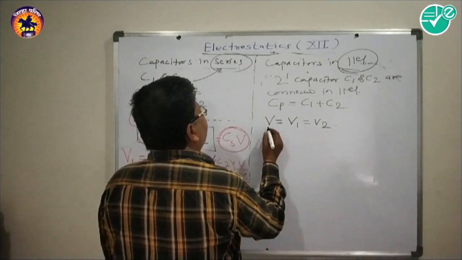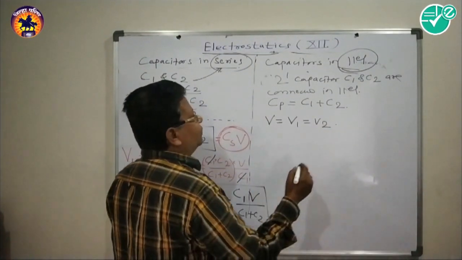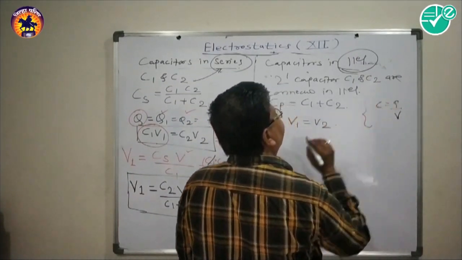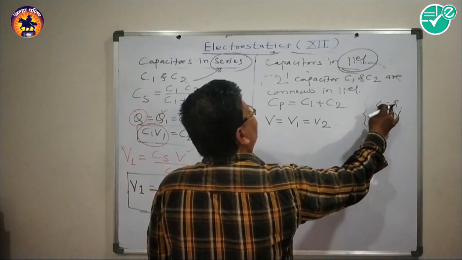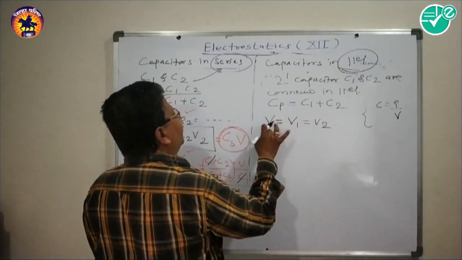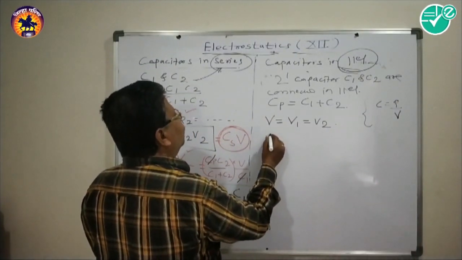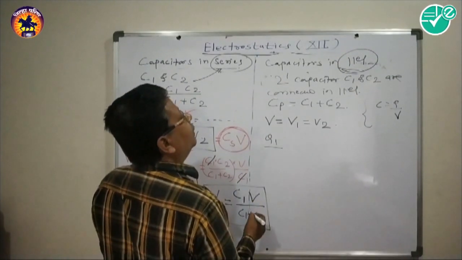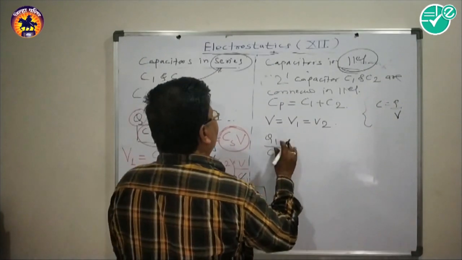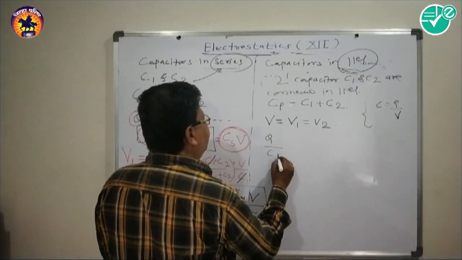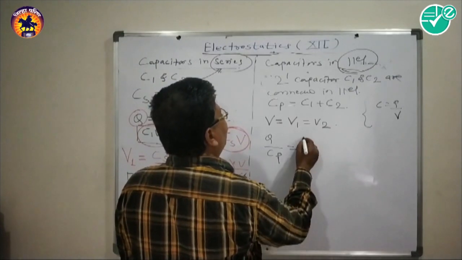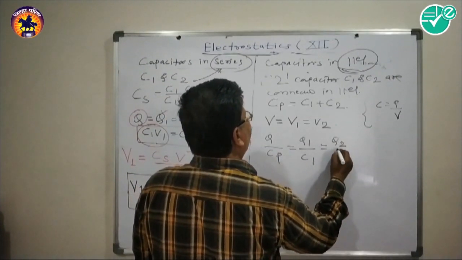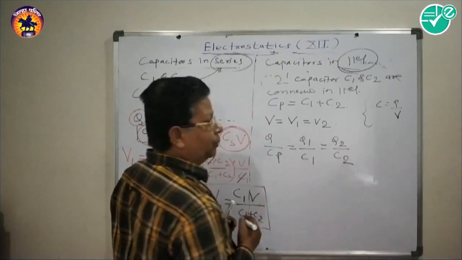And we write the value of V from C is equal to Q by V. This is the basic formula. So from this, V is equal to Q by C. So this V is equal to Q divided by Cp, which is equal to Q1 divided by C1, which is equal to Q2 divided by C2.